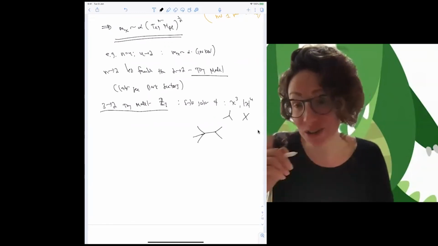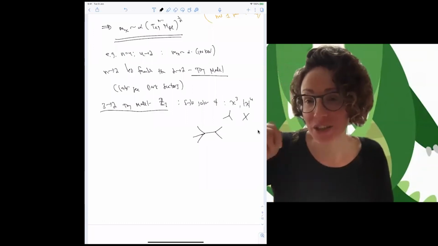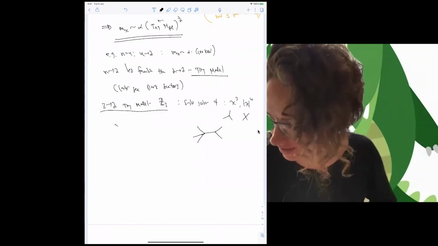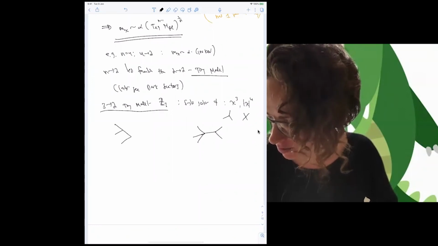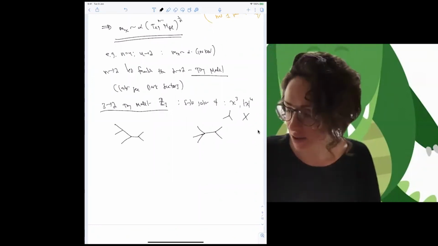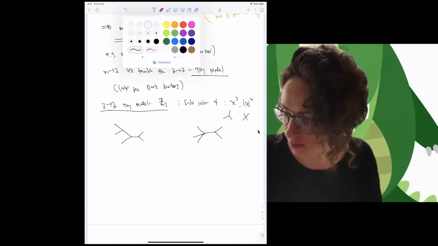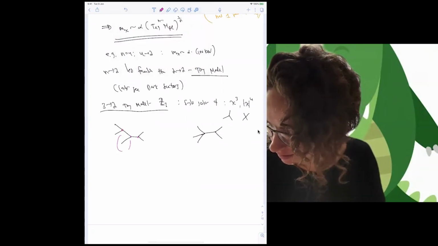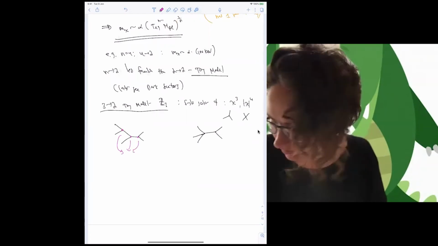Okay, great. So what I can also do is take 3 3-point interactions and glue them together. So I have 1, 2, 3, 1, 2, 3, going to 3 here. In this case, what I have is 3 3-point interactions, right? So this is 3 vertices.